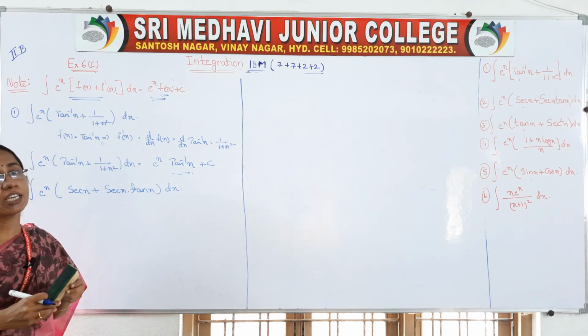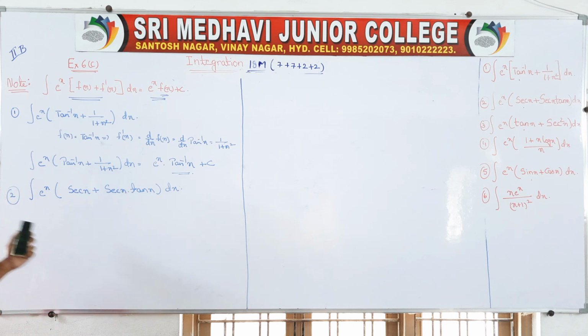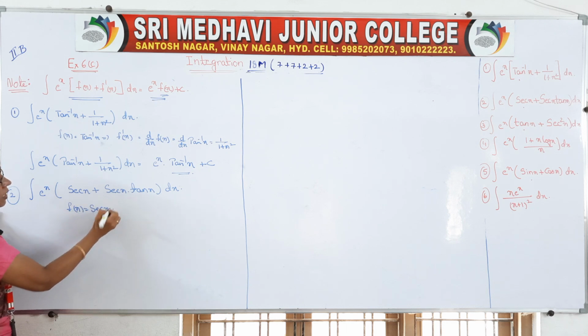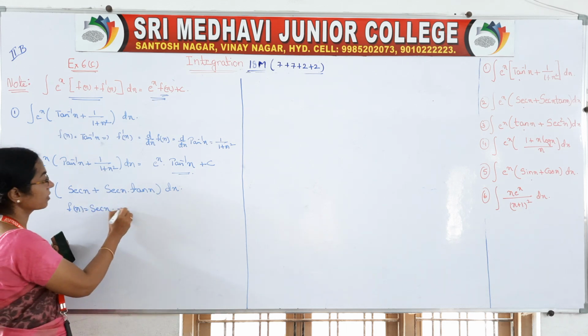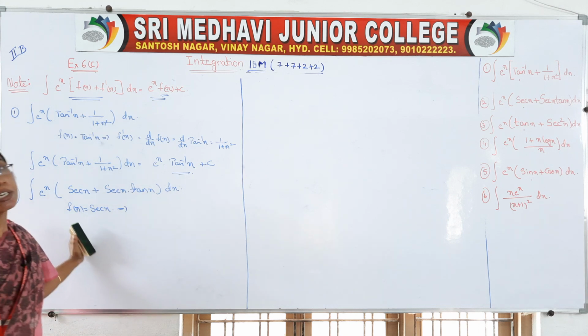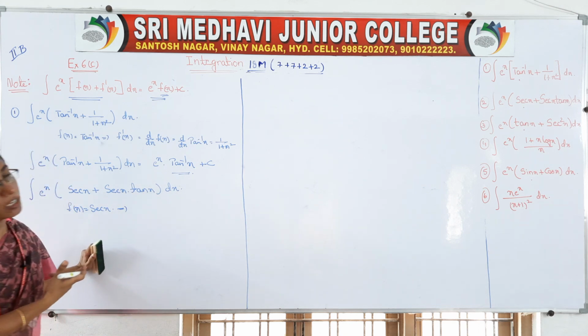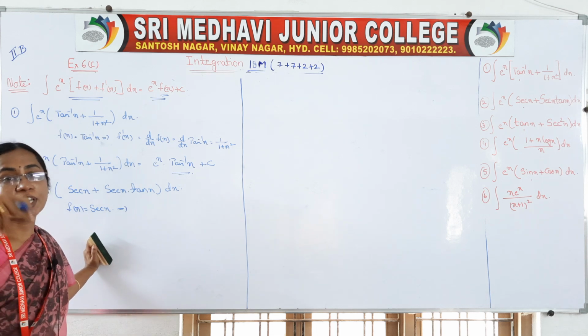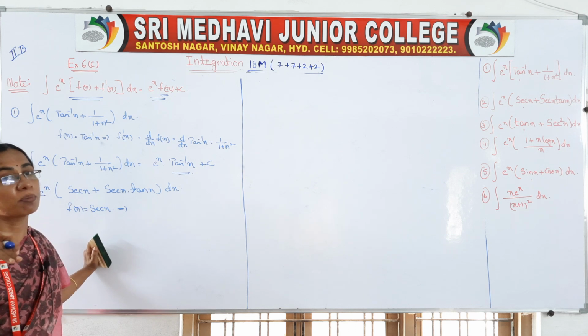Like that we have to select the term as f of x. So if we take f of x is equal to secant x, d by dx of secant x. That's why I said once you go through the differentiation formulas. Even here we are using the differentiation formulas.